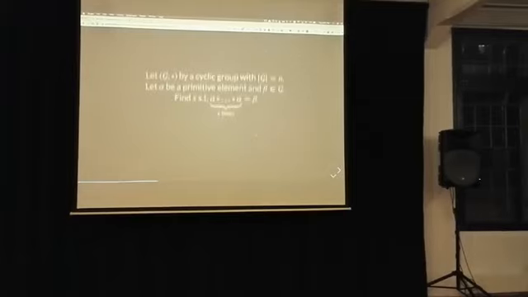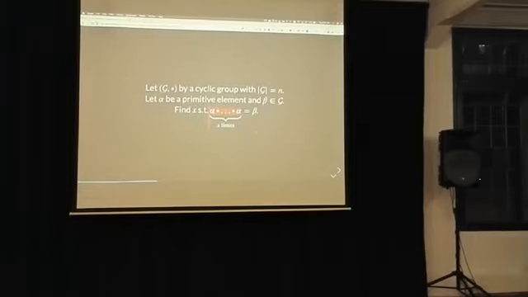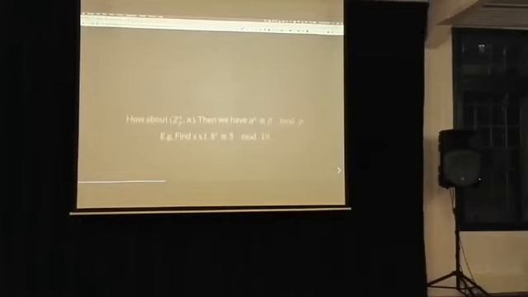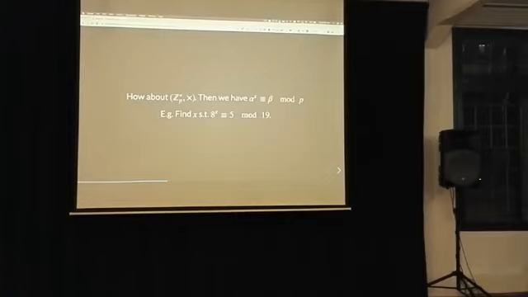So if we're performing multiplication x times, we get alpha to the x. So the discrete log problem becomes alpha to the x is congruent to beta mod p. For example, find x such that alpha to the x is congruent to 5 mod 19. That's an example.